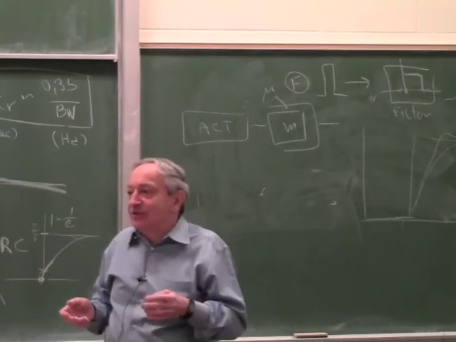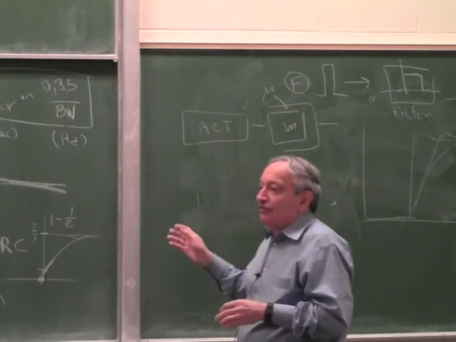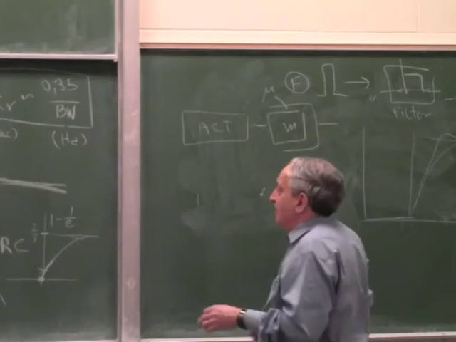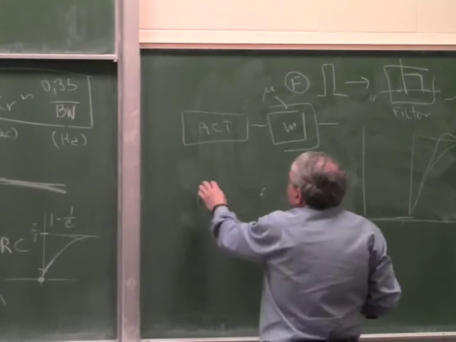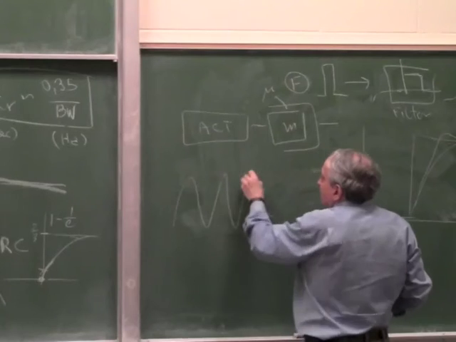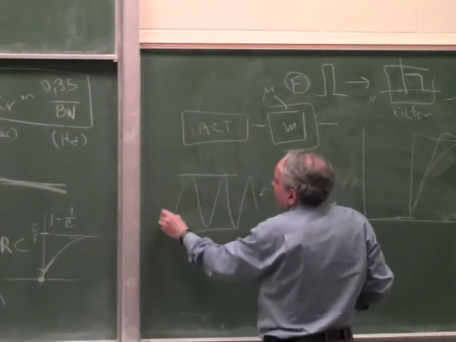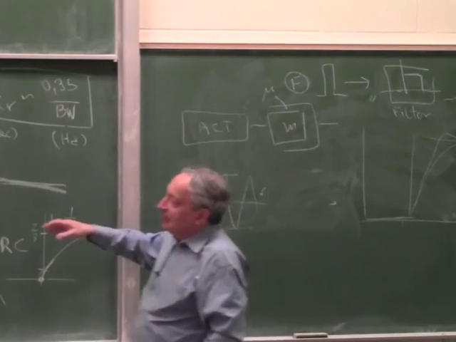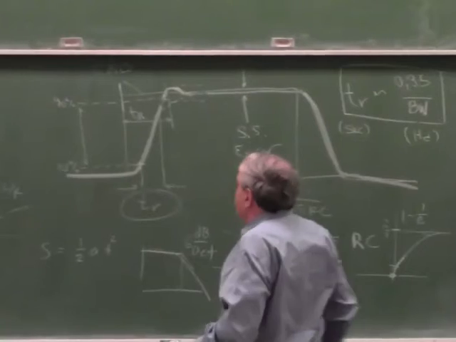Let's analyze the full amplitude sinusoidal case. Let's say this servo has to move full amplitude. We know the bandwidth. In the example we took, the bandwidth was 350 hertz.